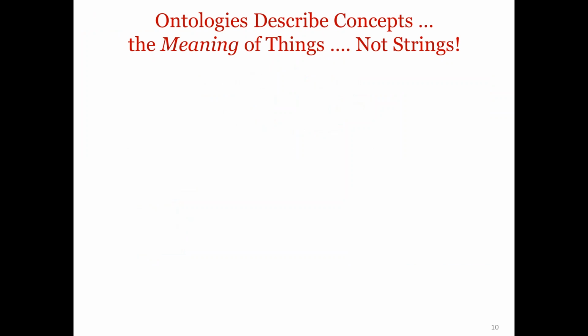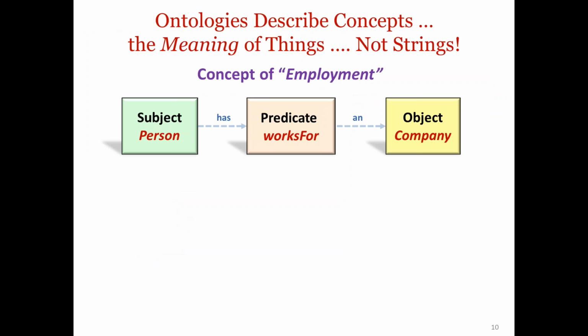So what is what we'll call an ontology or a semantic knowledge graph? Ontologies are, again, very expressive schemas that represent the meaning of things. So let's look at a concept of employment as an example. With ontologies, semantics, everything is linguistically aligned with how we think and speak, like sentences, like grammar: subject, predicate, object, basic grammatical structures, where we could say in a sentence, a person works for a company.